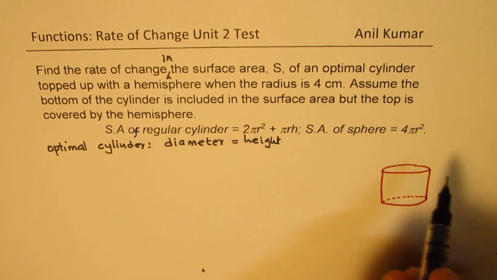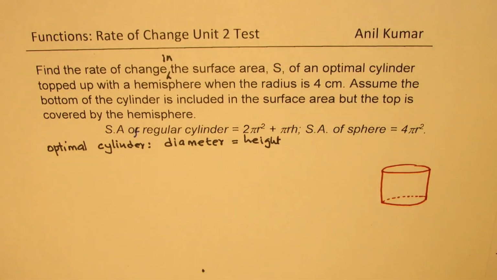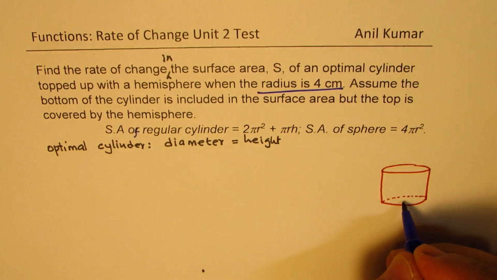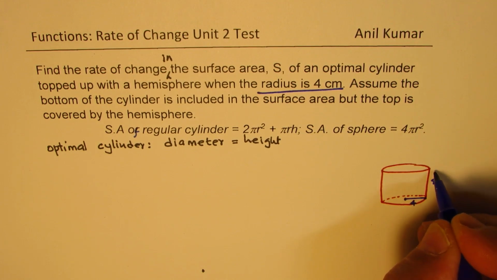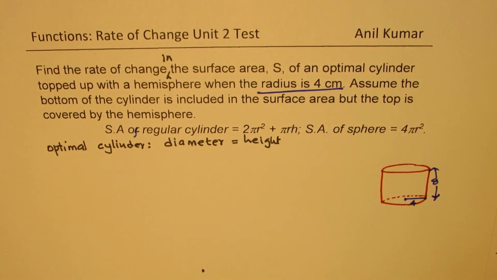So in our case, diameter is 8 units, right? Radius of 4 means diameter of 8. So that means height will be 8. Is that part clear to you? So that is the very first thing which should be absolutely clear.